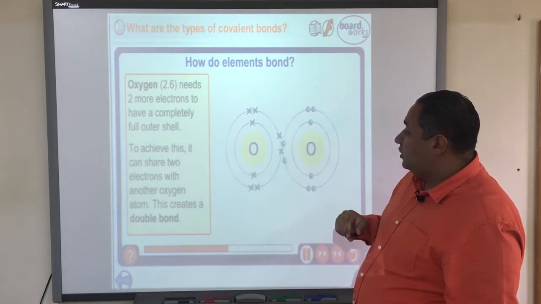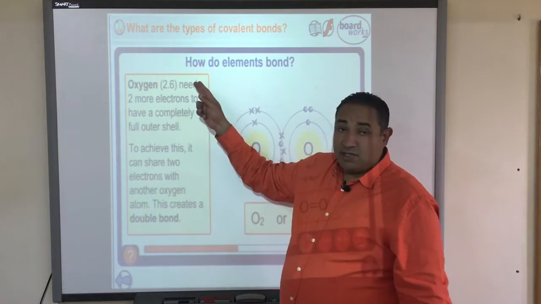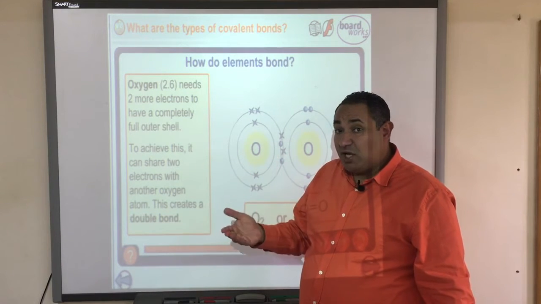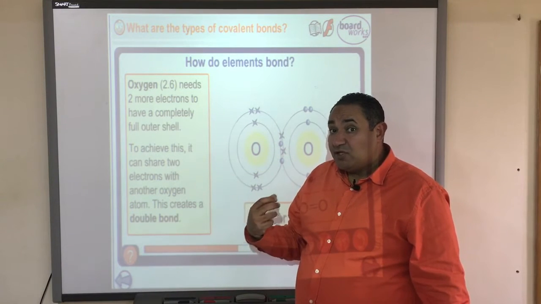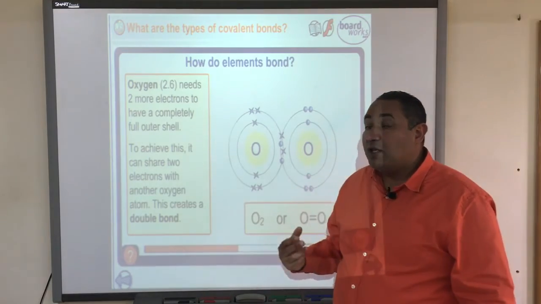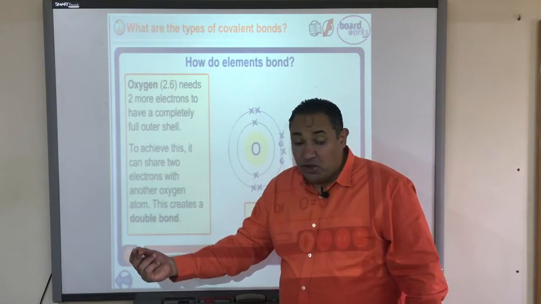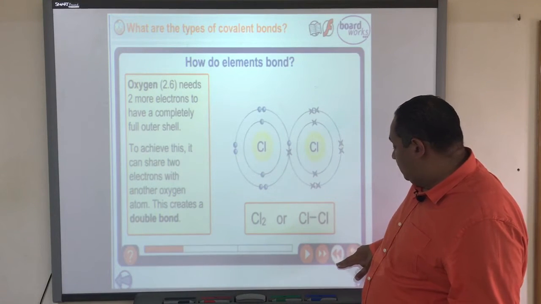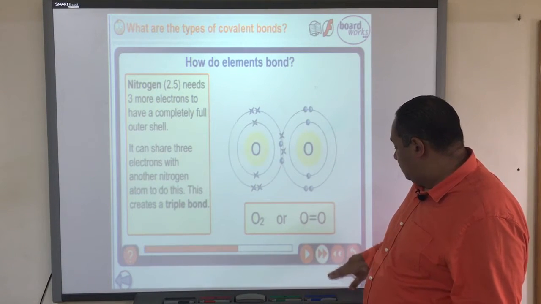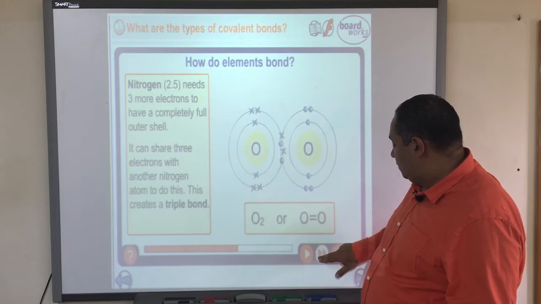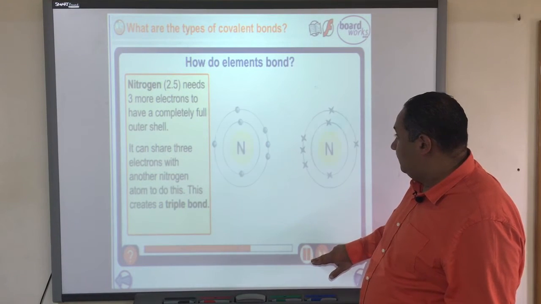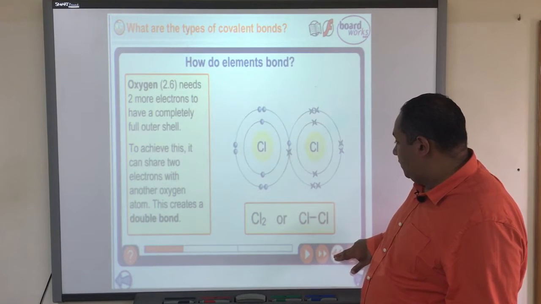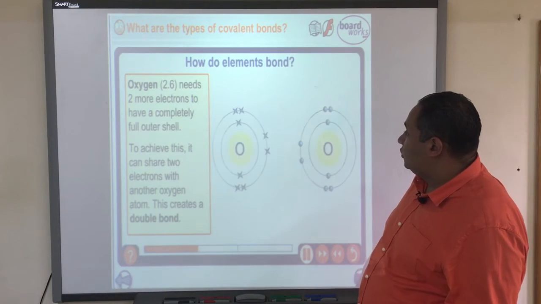Now oxygen. Oxygen is 2, 6. So the last energy level, or the last shell, needs 2 electrons. So in that case, oxygen will share 2, because oxygen needs 2. Okay. This is chlorine. Let's see oxygen now.